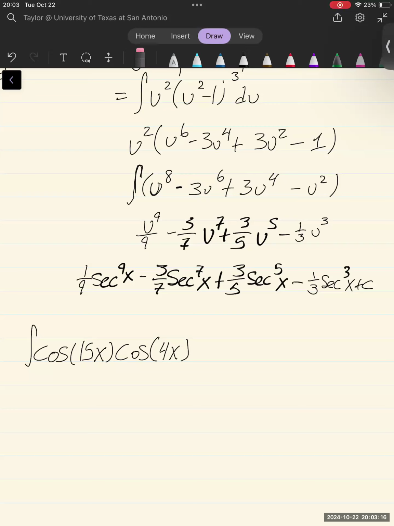I wasn't sure what types of problems y'all had. If you can do that, sine squared one's hard. Have y'all seen this one? Yes, they did an example of that.